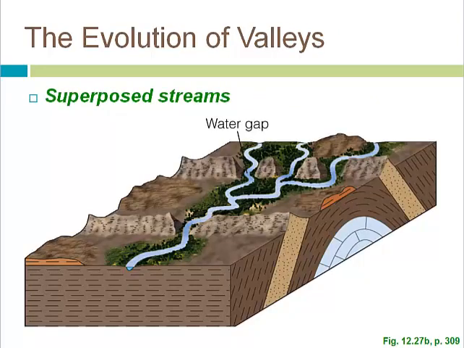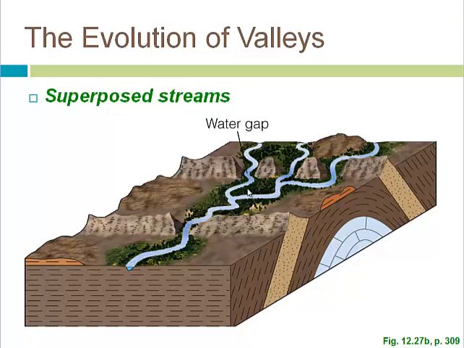Finally, we're going to talk about superimposed streams. Superimposed streams are kind of interesting because they follow a specific channel, and then as they erode down, they run into a different material, but they still cut through it and produce what appears to be an odd structure, where you'd expect the stream to go north-south, but obviously the slope doesn't allow for that, and it's eroded down through many millions of years and will cut right through this harder rock material.